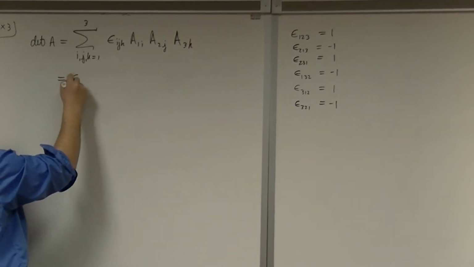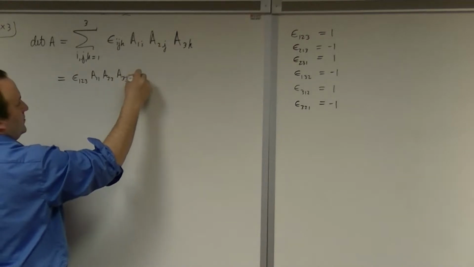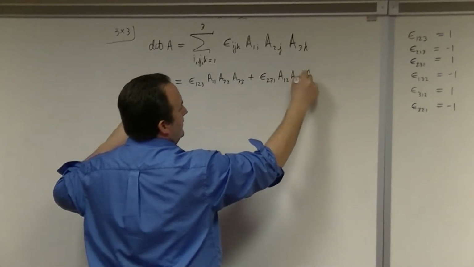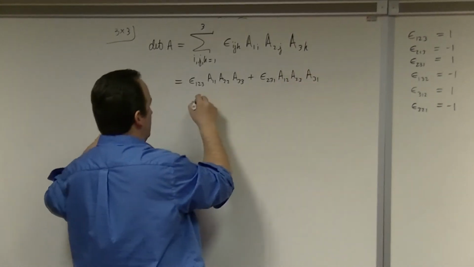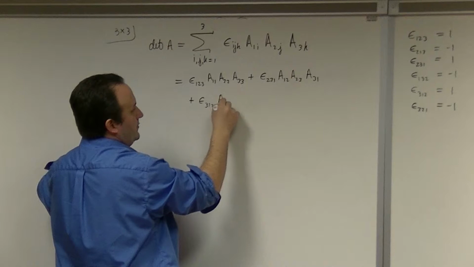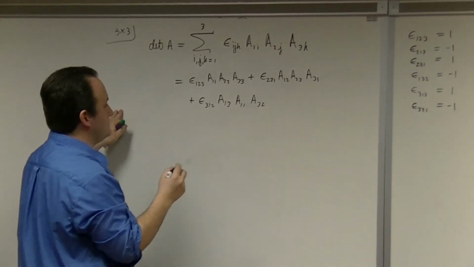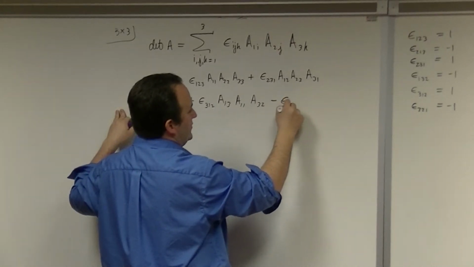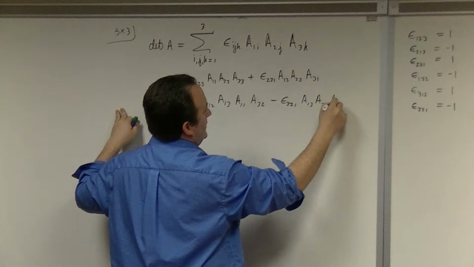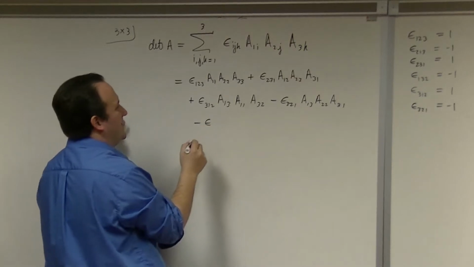Actually, it's epsilon 1, 2, 3, A11, A22, A33, plus epsilon 2, 3, 1, A12, A23, A31, plus epsilon 3, 1, 2, A13, A21, A32, minus epsilon 3, 2, 1, A13, A22, A31, minus epsilon, oh, I'm sorry.